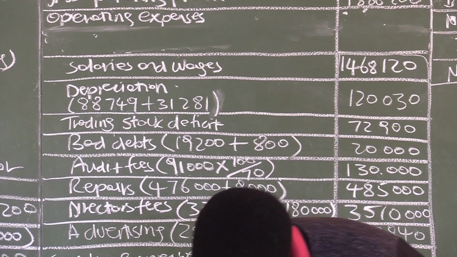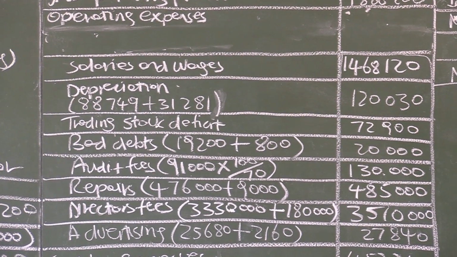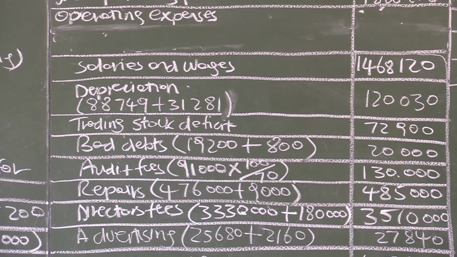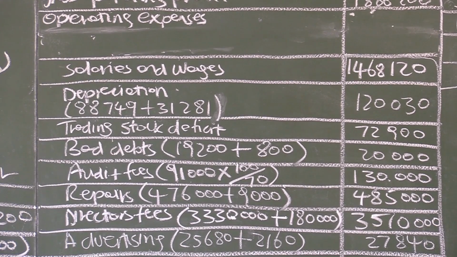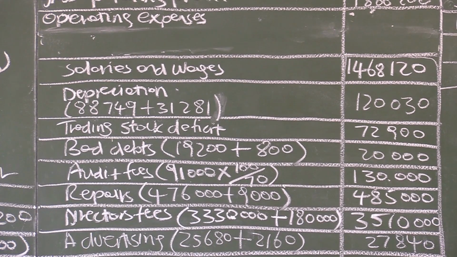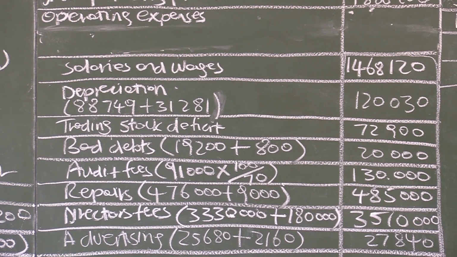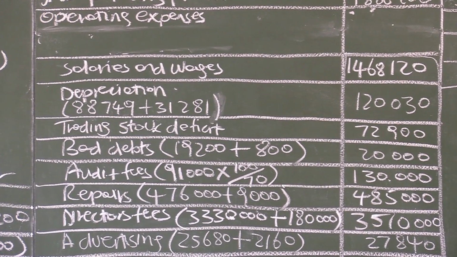Salaries and wages, let's verify: 1,468,120 plus 120,030 plus 72,900 plus 20,000 plus 130,000 plus 485,000 plus 3,510,000 plus 27,840.